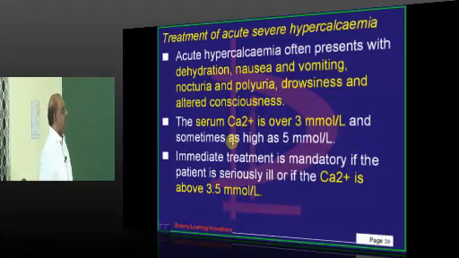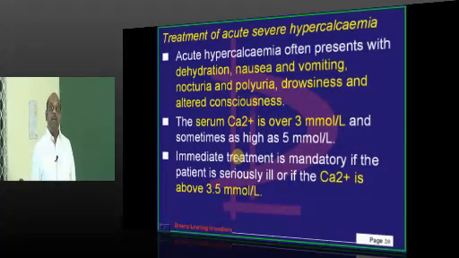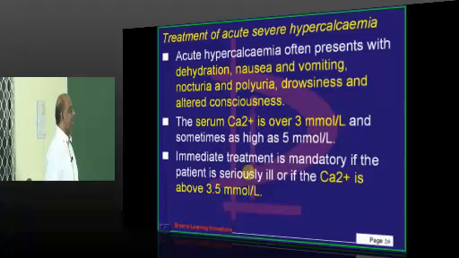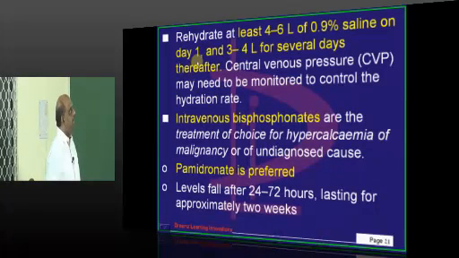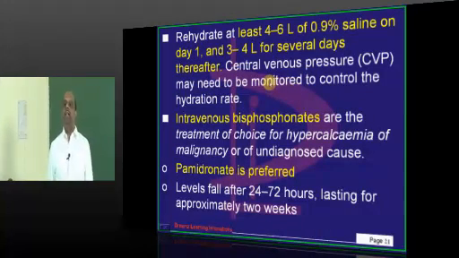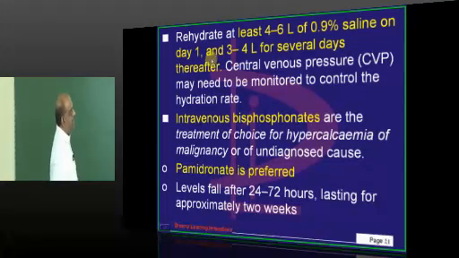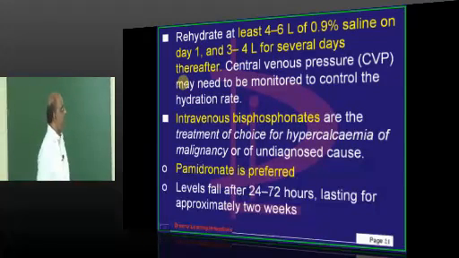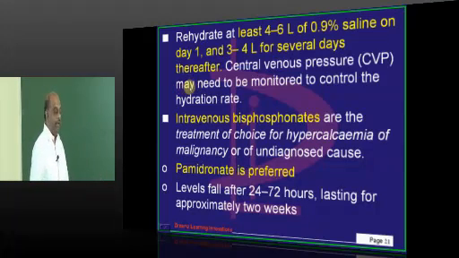if the serum calcium is more than 3 and sometimes above 5 millimoles per liter, you need to basically give an emergent treatment, and you need to rehydrate at least 4 to 6 liters of 0.9% normal saline on day 1 and another 3 to 4 liters for several days thereafter, and you need to put a central venous pressure monitoring.